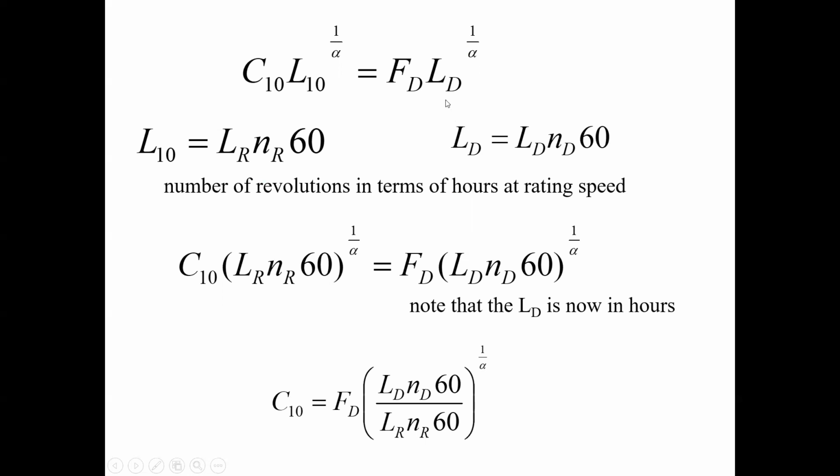So both substitute inside L10 and LD, and the formula becomes like this. They put a remark: LD is now in hours. The unit is hours. Normally in this calculation, they request you to find the value of C10. So you understand first, later we go to the exercise and observe how to apply this formula.